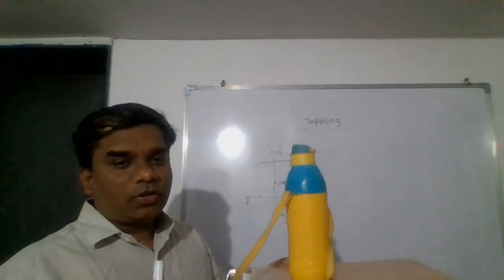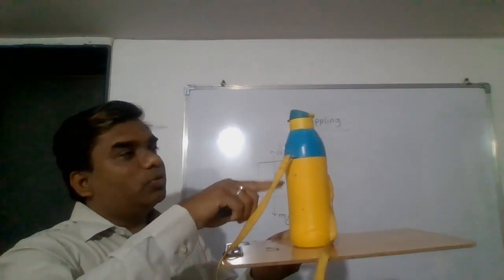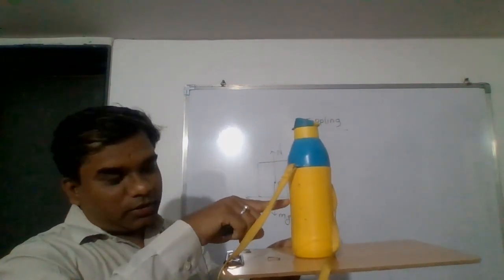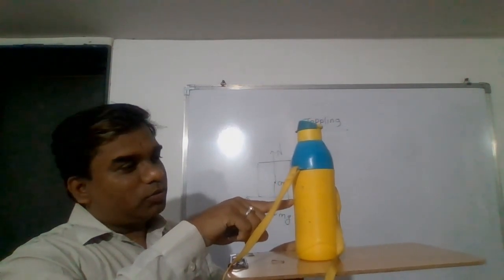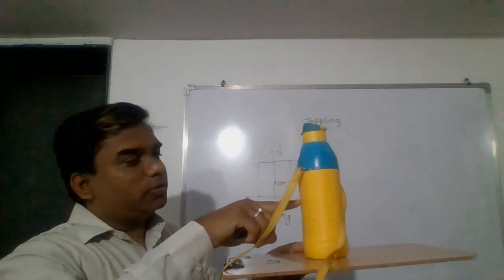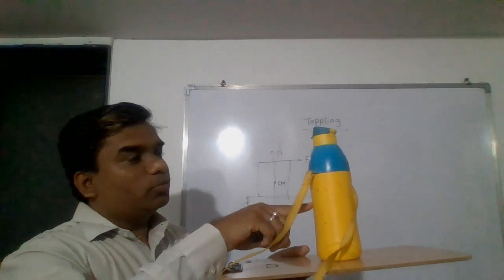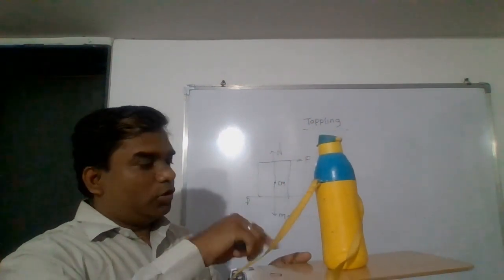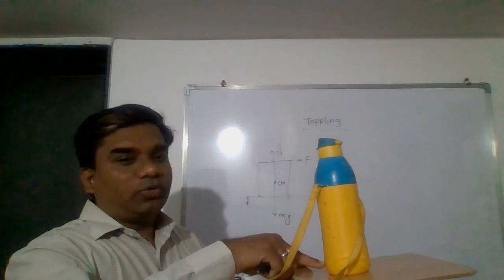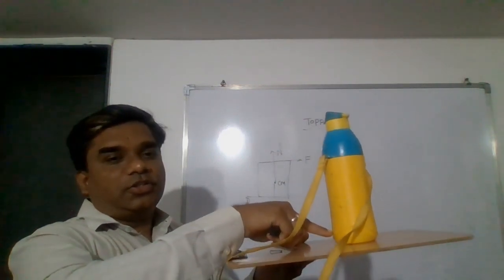When I apply the force exactly at its geometrical center or near about the geometrical center, it performs translational motion. Now when we apply it at the bottom also, you can see it is translational motion.